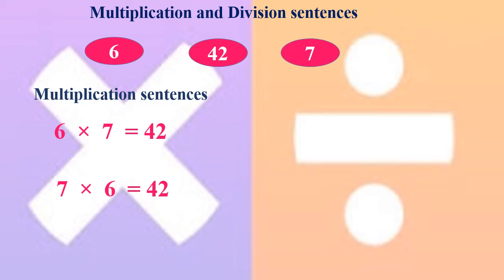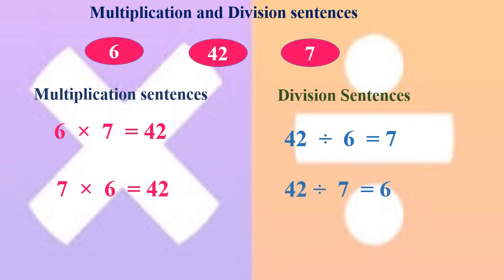Now we will see the division sentences. Here 42, when you divide by 6, the answer is 7. Then 42 divided by 7, the answer is 6. So this is very easy, children. You have to know how to write these.